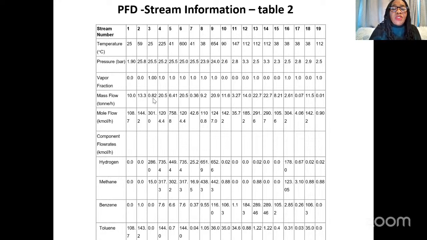Now the output flow is streams 15 and 16. Still under the mass flow, stream 15 is 8.21, stream 16 is 2.61. If you add these two, it will give you 10.82.